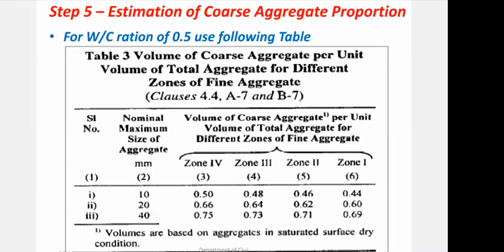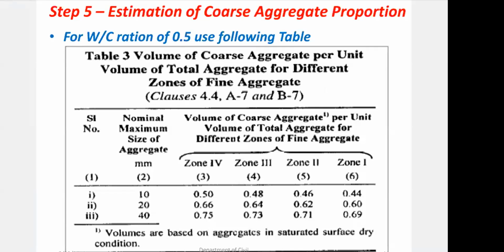Now see here, for 20 mm nominal size of aggregate, what should be the value for zone 1? That is 0.6. For zone 1, that is 0.6. But remember, this chart is only applicable for a water cement ratio of 0.5.